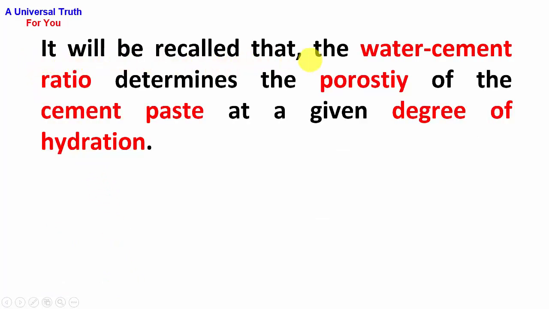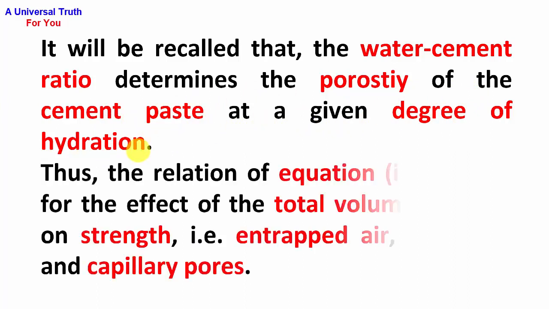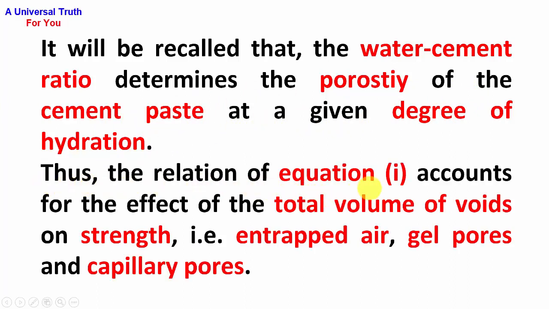It will be recalled that the water cement ratio determines the porosity of the cement paste at a given degree of hydration. Thus, the relation of equation 1 accounts for the effect of the total volume of voids on strength, that is, entrapped air, gel pores, and capillary pores.